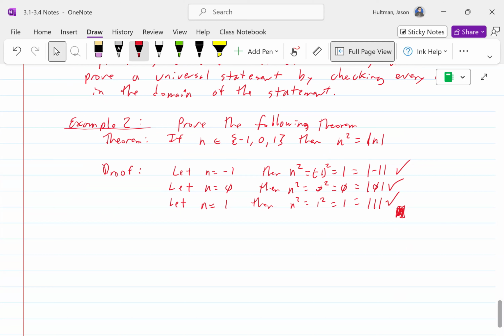Okay, so therefore, if n is an element of {-1, 0, 1}, then n squared is equal to the absolute value.